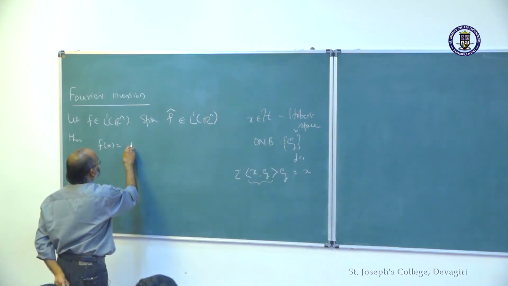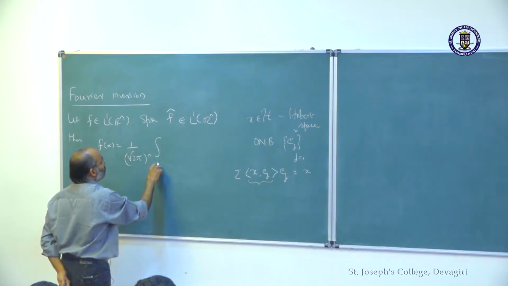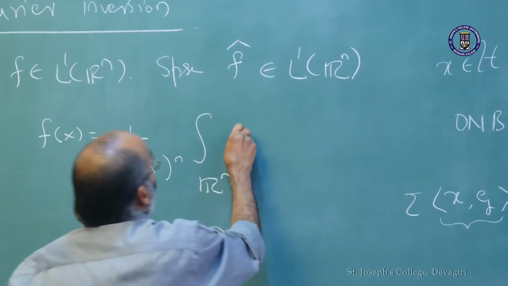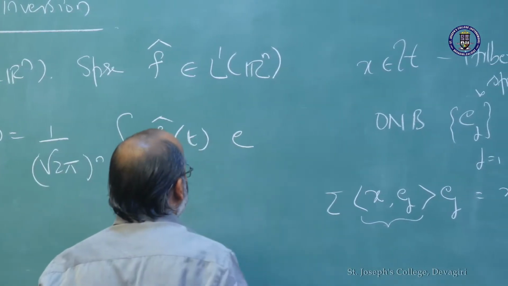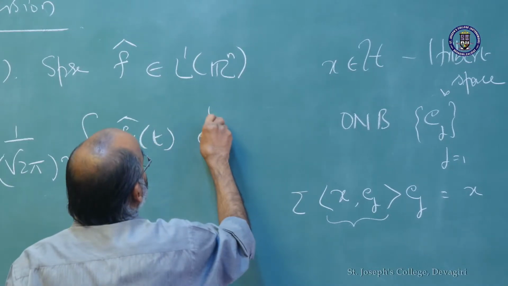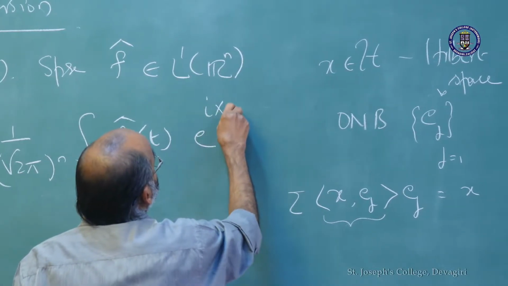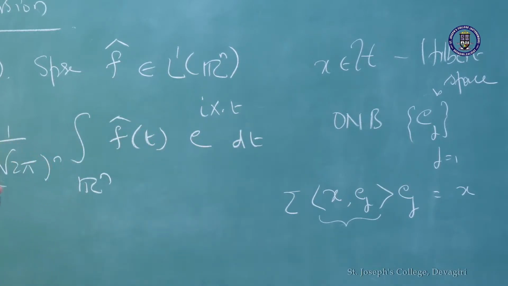So f of x is, remember the 1 by root 2 pi to the n, there is always, okay, integral of f hat of t, e to the i x dot t, dt, where t is the Fourier transform variable.